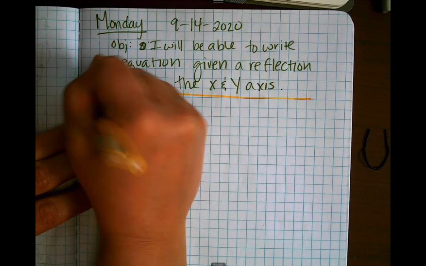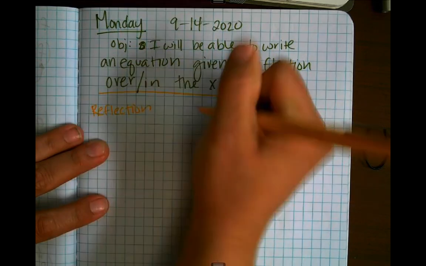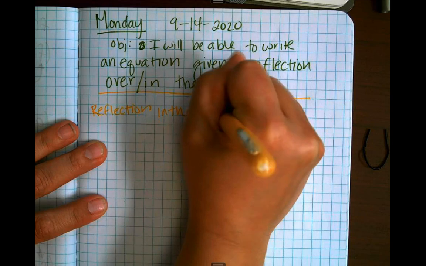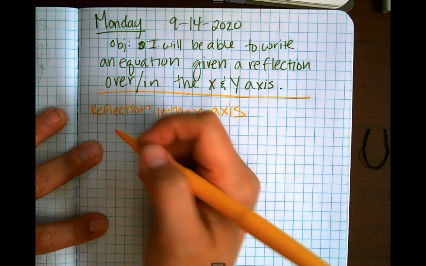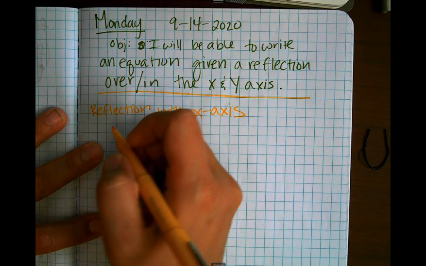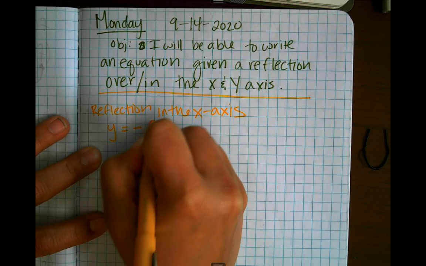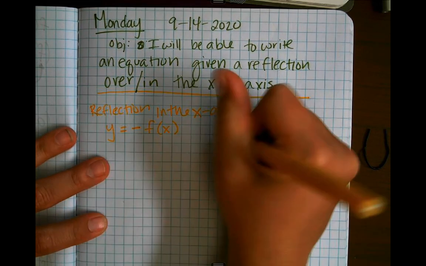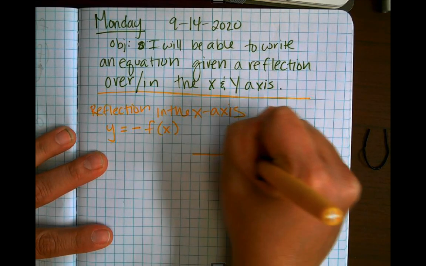So a reflection in the x-axis is y equals negative f of x. Okay. And this might be hard for you to draw it out unless you have multiple colors.